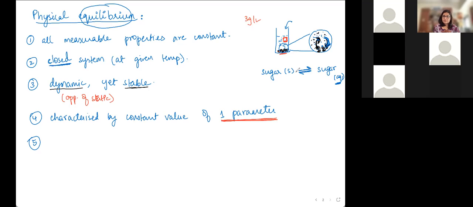The sugar is constantly dissolving, just that its opposite process is also happening. So as long as the process is going on, we say it's dynamic. Static means there is no motion, no movement, everything is at rest, no process going on at all. But that is not happening.